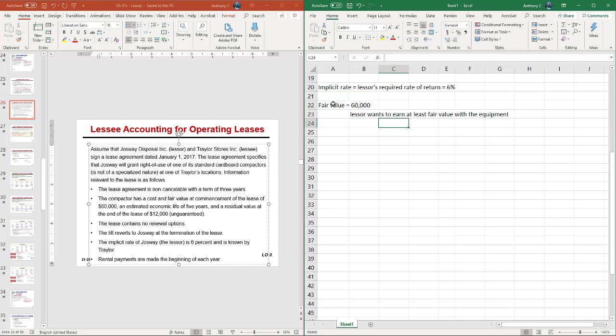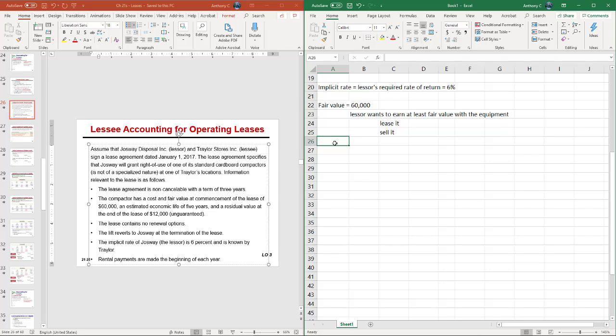Right, so to earn that fair value of $60,000, it could lease it, but it could also sell that equipment. In this case, the equipment has a residual value of $12,000 at the end of the lease term. Since the equipment has a residual value of $12,000, this means the lessor could sell the equipment for $12,000 at the end of the lease.